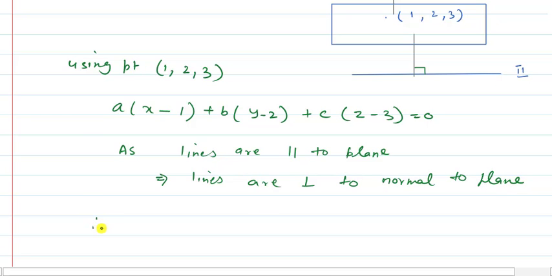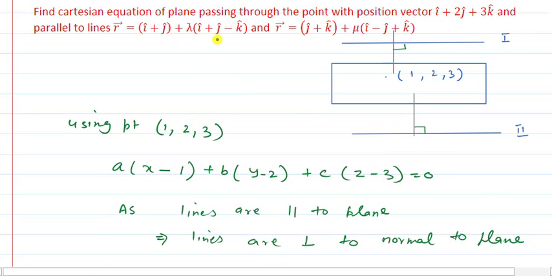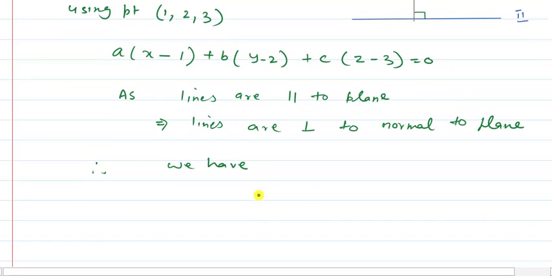Therefore, we have a, b, c are the direction ratios of the plane, and the first line having its direction ratios as 1, 1 and -1. So after getting dot product, we are having a plus b minus c is equal to 0 as equation number 2. Let me name this as equation number 1 and this as equation number 2.